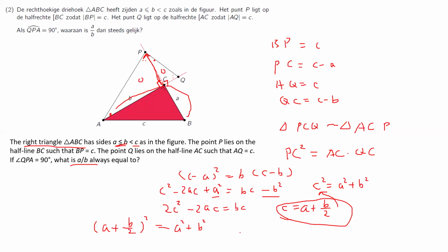And expand it again. So we have a squared plus ab plus b squared over 4 equals a squared plus b squared. And just remove a squared from both sides, and we have ab equals 3 over 4 b squared. So that means a over b is 3 over 4. So that is the answer here. Okay, we go for problem number 3.